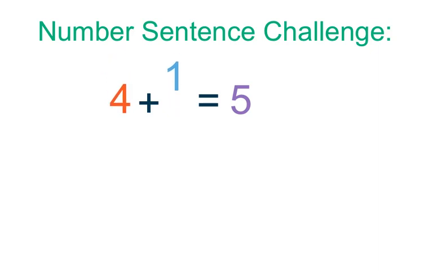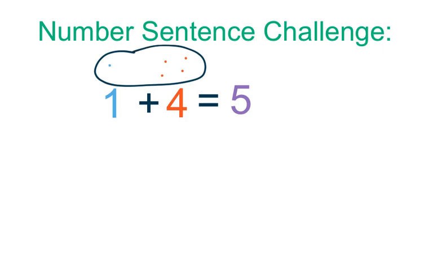Let's look at our parts first. 4 and 1. If I draw 4 red dots, 1, 2, 3, 4, and 1 blue dot, that makes 5. But if I switch the order of my 2 parts, I will still have 5. Let's check that out. 1 blue dot and 4 red dots still makes 5.